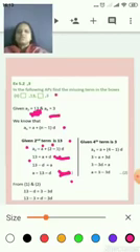Similarly, use the fourth term. The fourth term is given as 3. A4 equal to a plus n minus 1, that is 4 minus 1 into d, again d is an unknown value. Is it correct? So 4 minus 1 is 3. Can you see over here? Correct. And A4 value is given as 3.